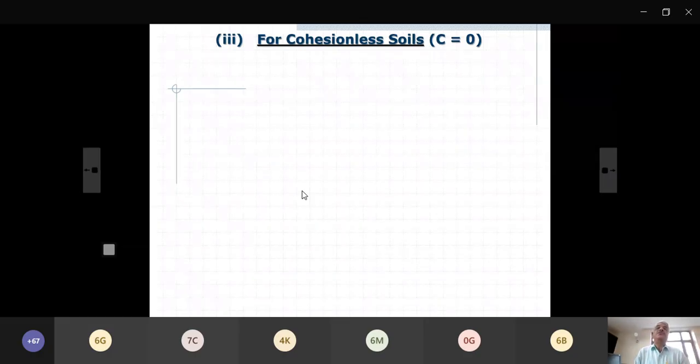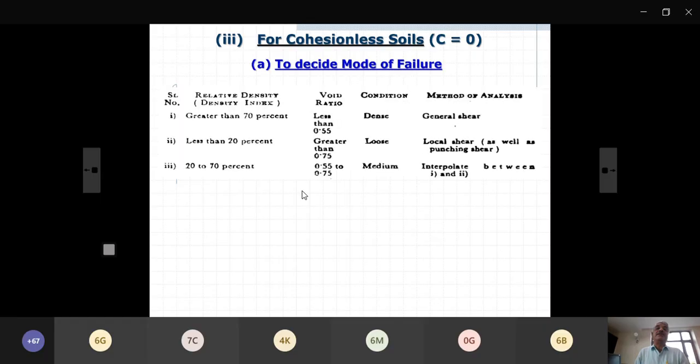Now for cohesionless soil, let us say where c equals 0 and only phi contributes. There, for cohesionless soils, first we try to decide the mode of failure, and the mode of failure is decided based on relative density or density index, as we have seen in our earthwork classes, calculated from gamma max, gamma minimum, and your actual gamma.